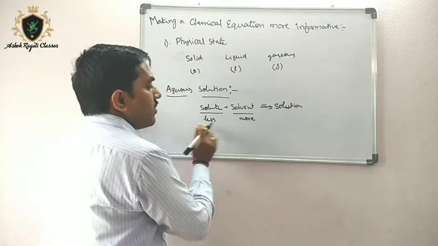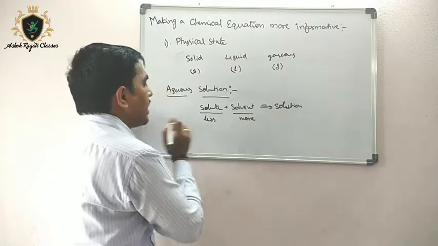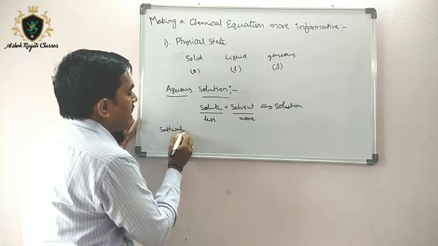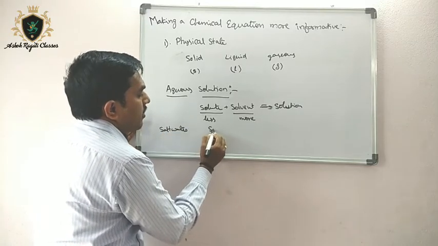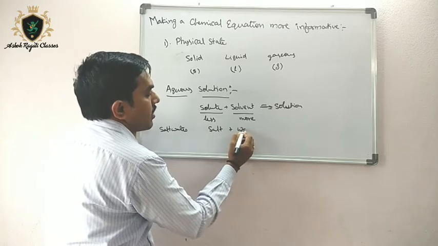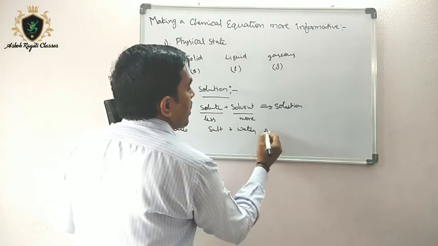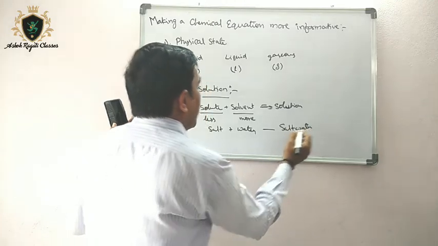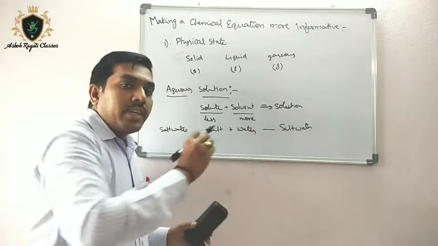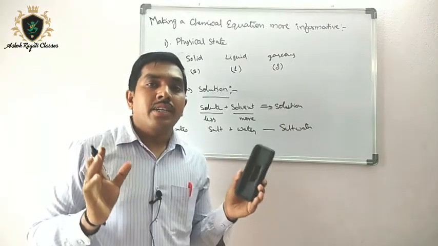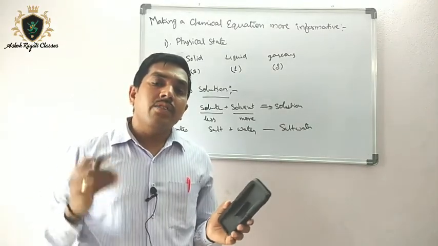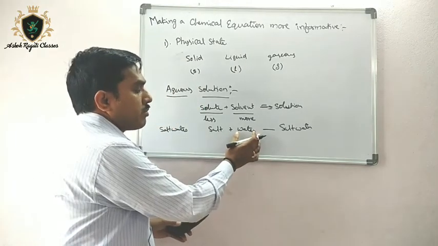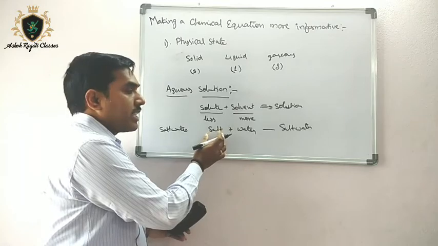These two form the solution, just like salt water is made up of salt plus water. The solvent is a substance which will be large in quantity and dissolves the other substance in it. So here water is more and salt is less in quantity.